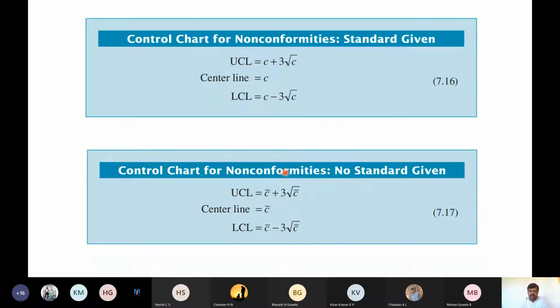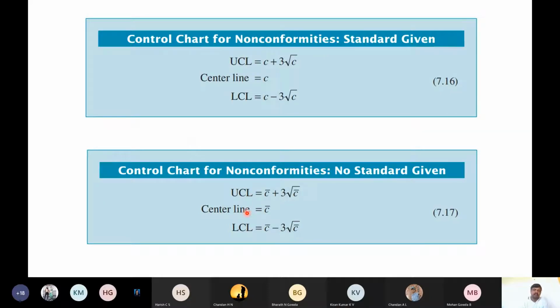Usually you will have a table of sample numbers and number of defects. In that case you can find out C bar. If C is not a specified value, then you can go for this equation, the same equation with C bar instead of C. It is nothing but adding all defects and taking the average. Using this equation, you find the upper control limit, lower control limit and center line.